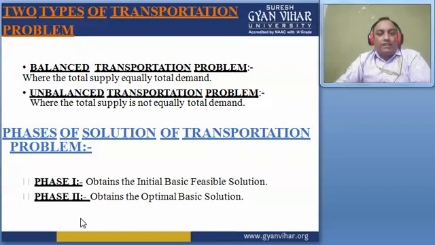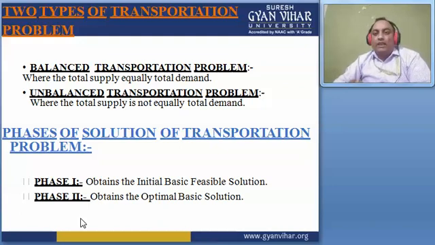Here this defines two types of transportation problem: balanced transportation problem and unbalanced transportation problem. In the case of balanced transportation problem, the total supply equals the total demand.